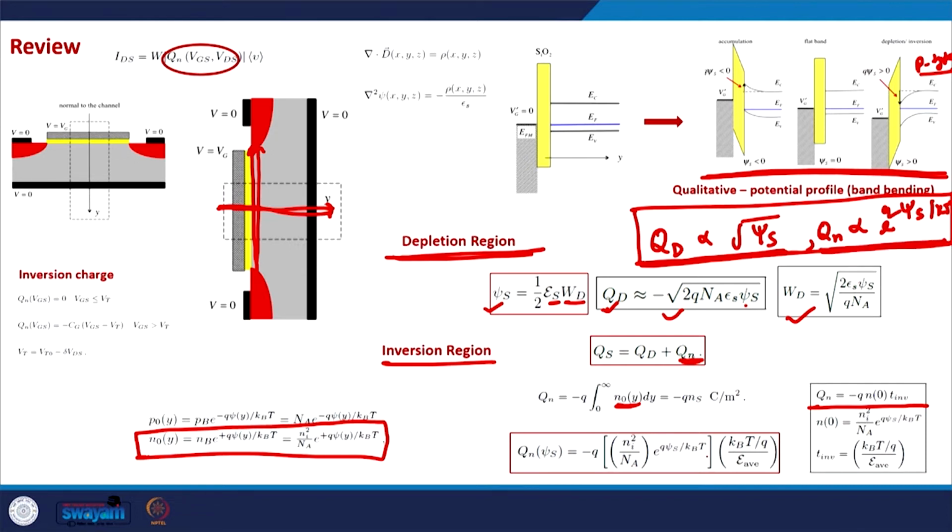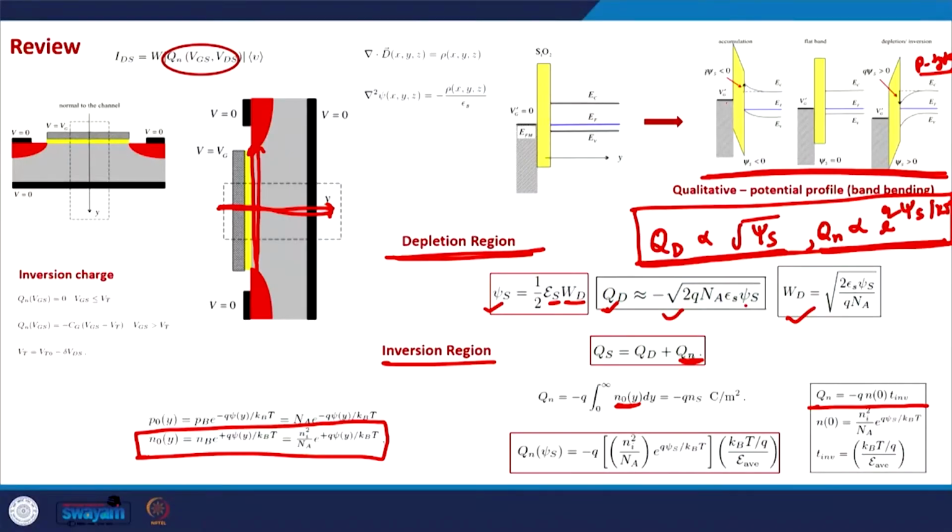Now you might think, what would be the charge in the accumulation region? Just to quickly remind you, the accumulation region is the region when a negative gate voltage is applied, which means that now holes are accumulated in the semiconductor, and that is given by this relationship.